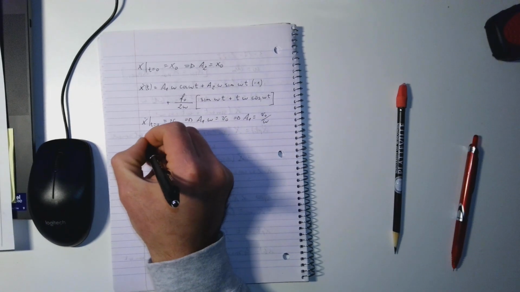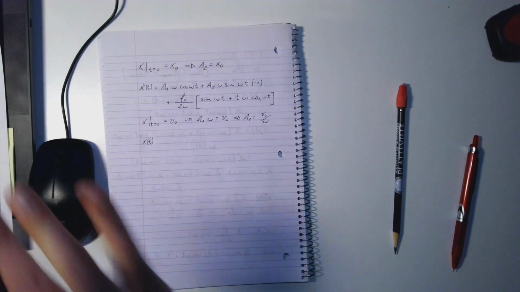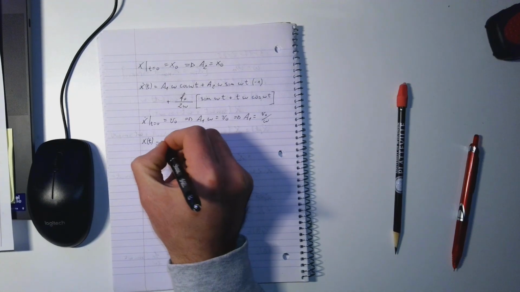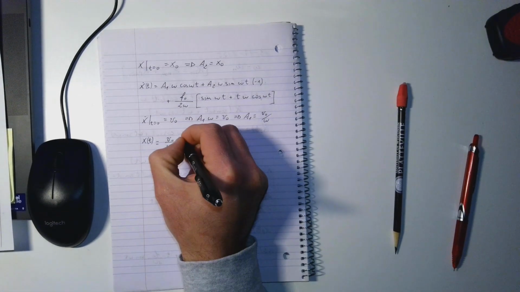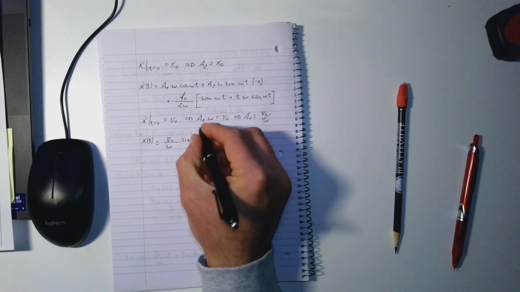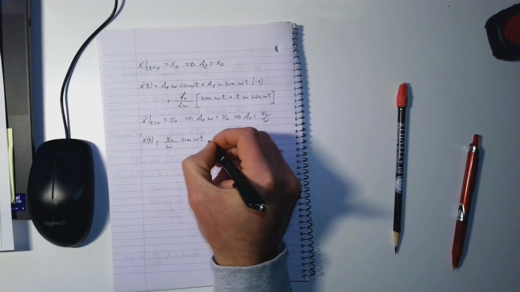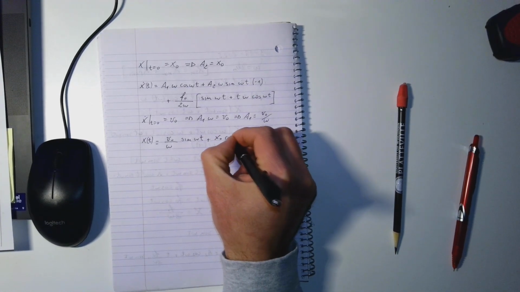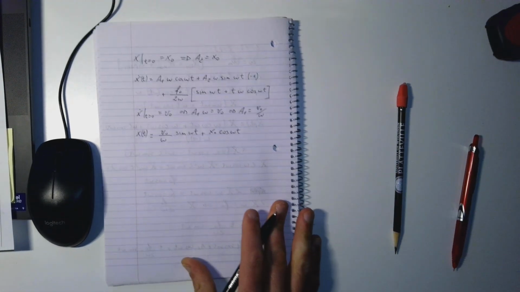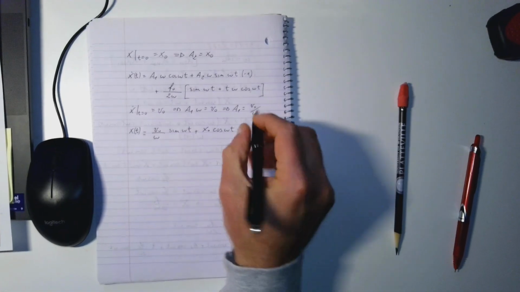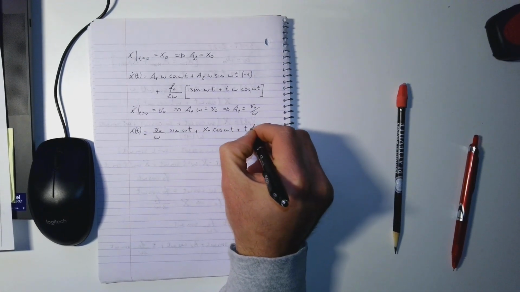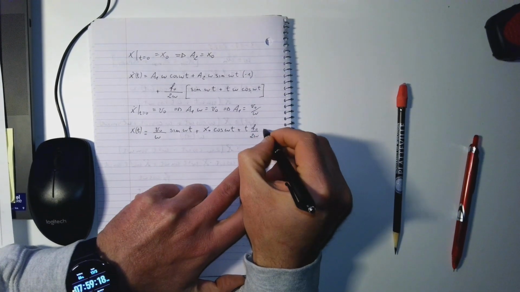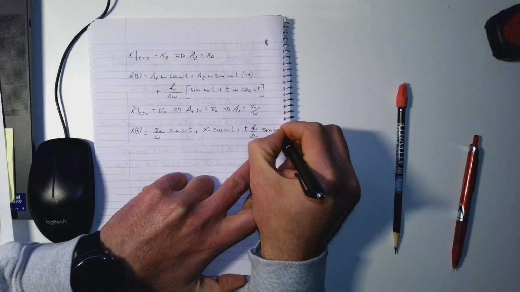Eventually the total solution x of t is equal to v0 divided by omega, multiplied by sine of omega t, plus x0 cosine of omega t, and then we also have our third term, t f0 over 2 omega sine omega t.